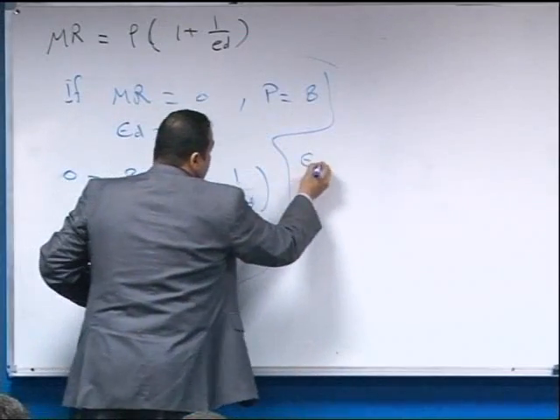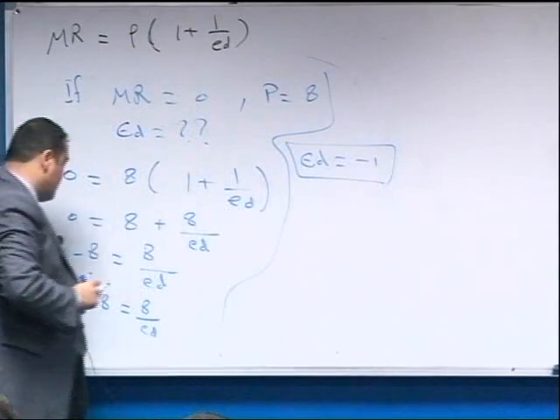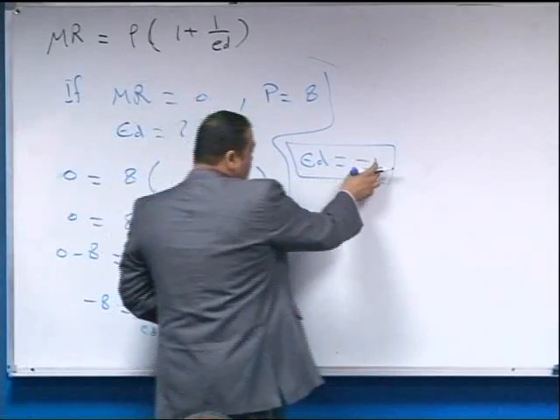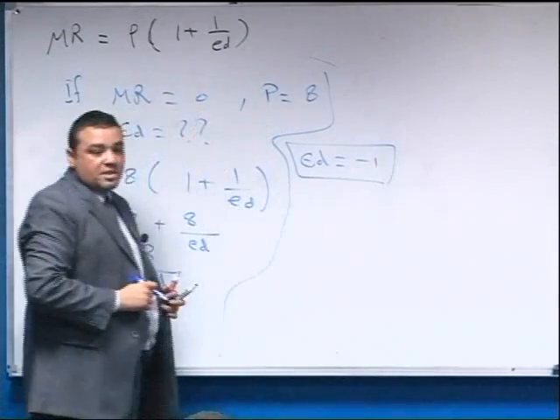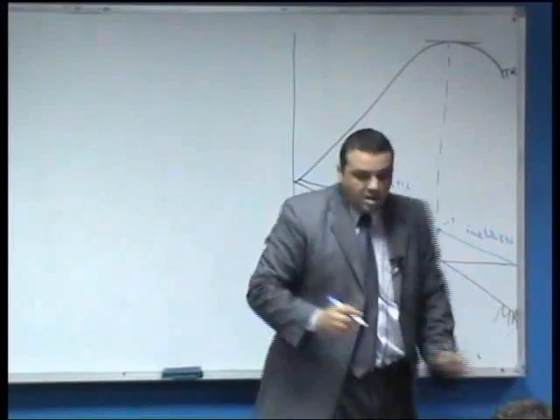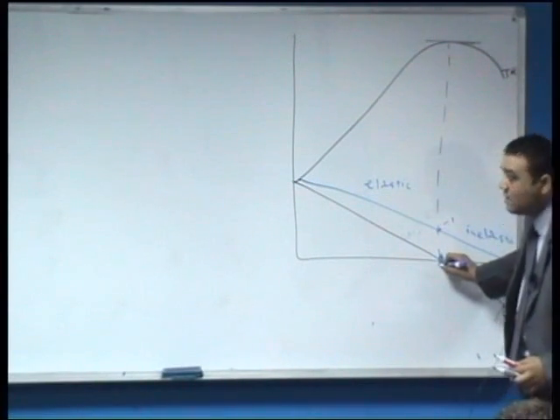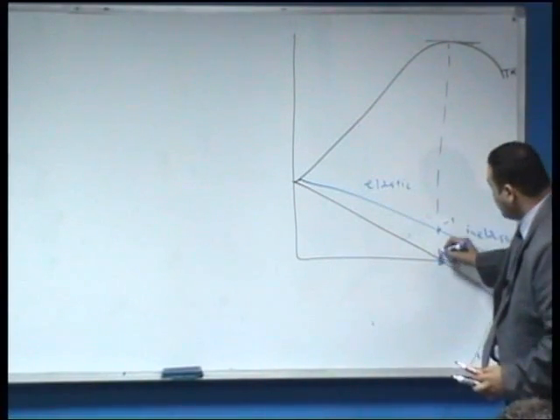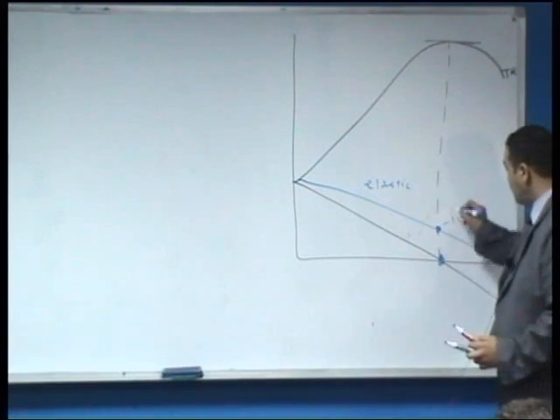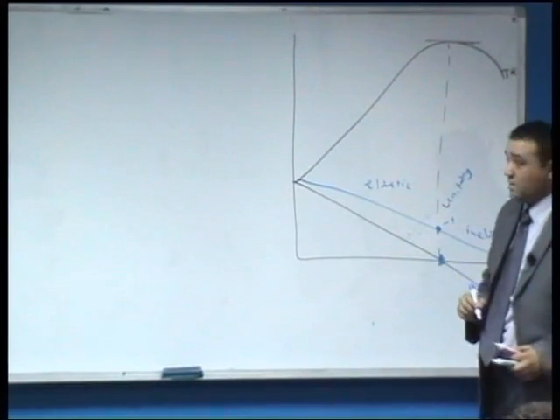So ED equals 8 over minus 8. So it would be minus 1. The demand is unitary elastic. So as you see, when the marginal revenue equals 0 at this point, the price elasticity of demand is unitary elastic. Right? Okay.